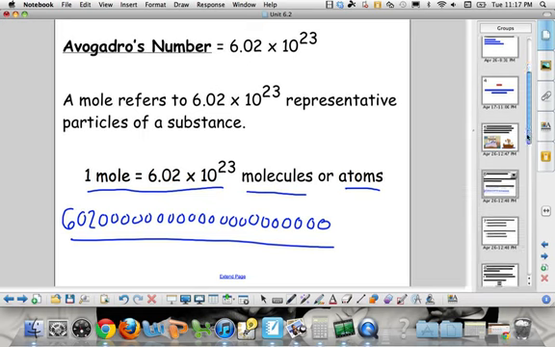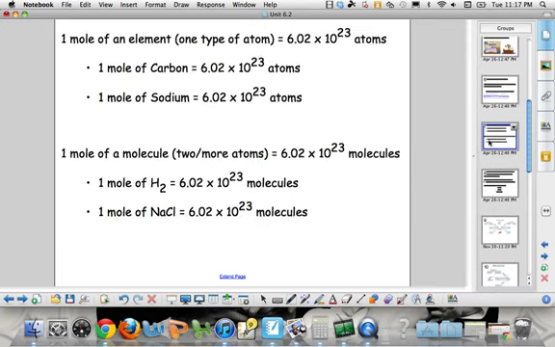Now, whether I have molecules or atoms depends on what I'm actually going to take a look at. If I have 1 mole of an element, remember 1 element is 1 type of atom. So when I have 1 mole of carbon, I'm looking at one thing, carbon. Well, that means that I have this 1 mole of carbon that's equal to this many atoms of carbon.